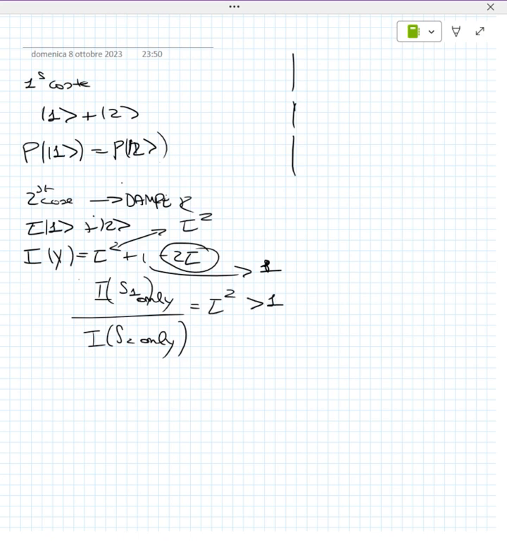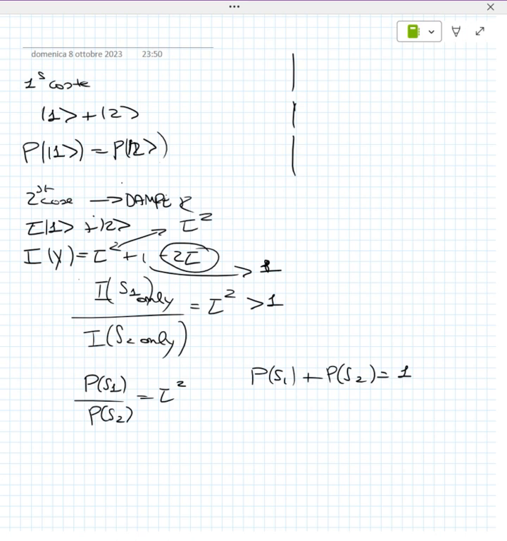So we can say that the probability of the photon to pass through the first slit divided by the probability of the photon to pass through the second slit is tau squared. But we also know that the probabilities must add up to 1.